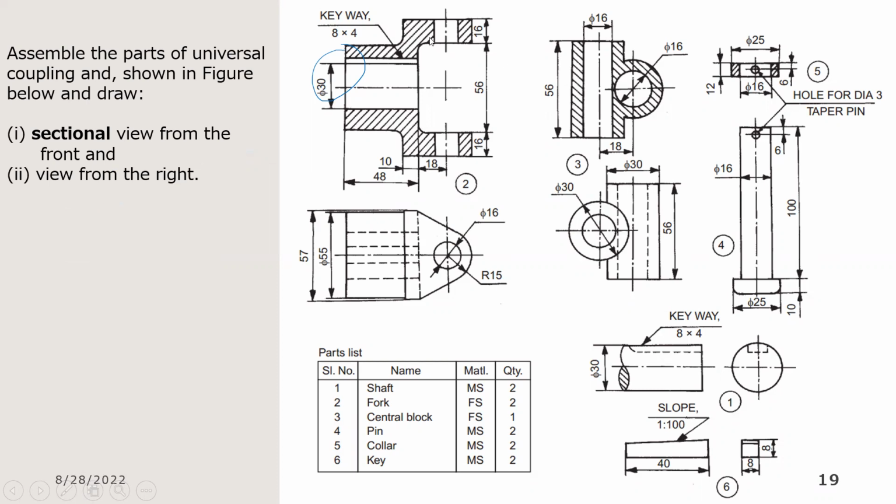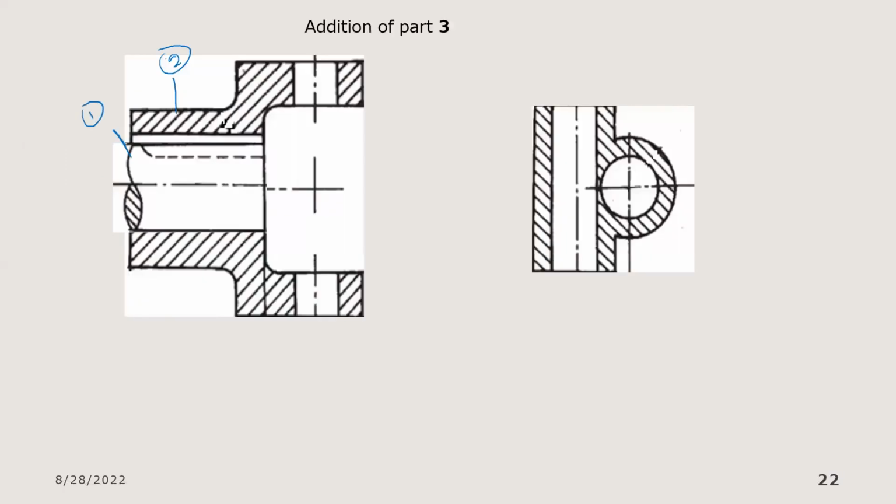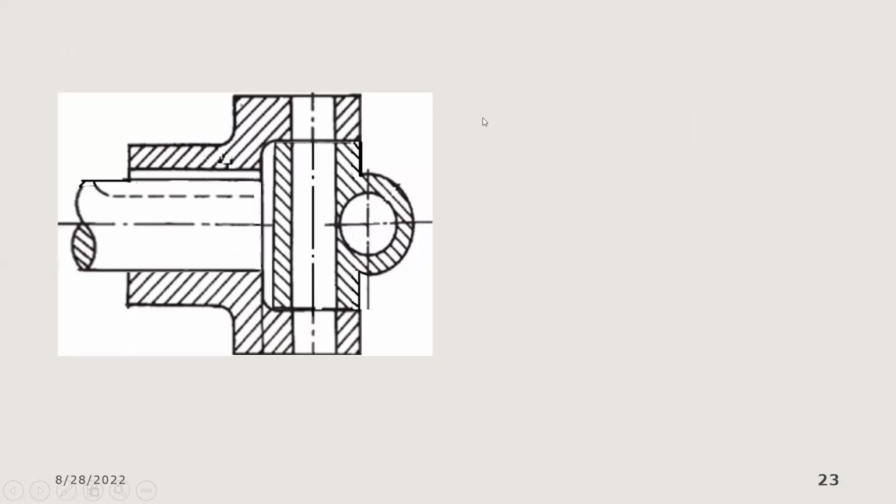This recess here has a height of 56, and part 3 also has a height of 56. Is there any other part which has a similar dimension? The answer is no. So obviously, this part 3 will fit onto part 2, coming to fit here.